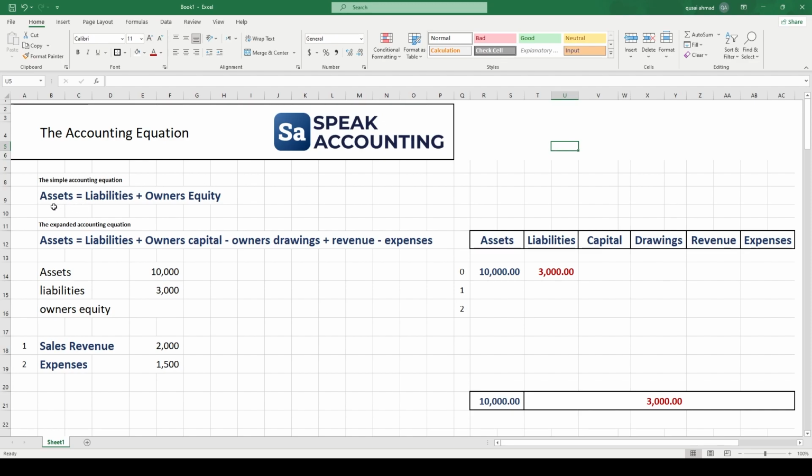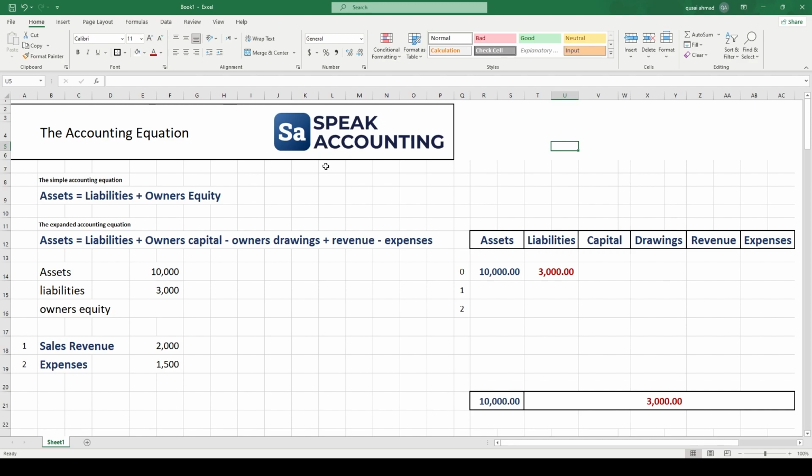As you can see here, assets equal liabilities plus owner's equity. Assets is what you got, liabilities is what you owe, and owner's equity is what's left for you. It's as simple as that. So your assets must be equal to your liabilities and your owner's equity combined.